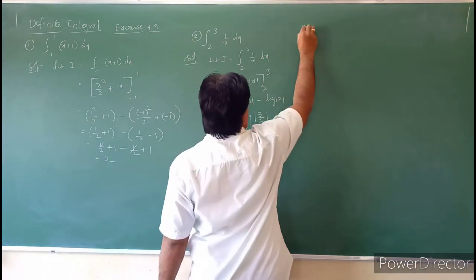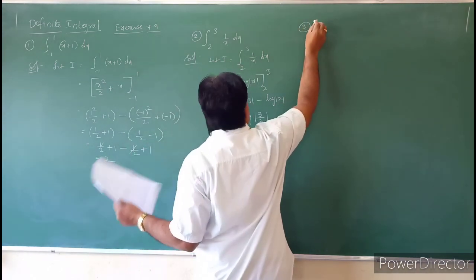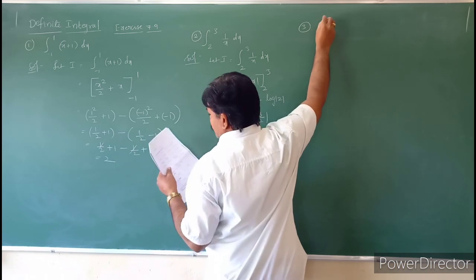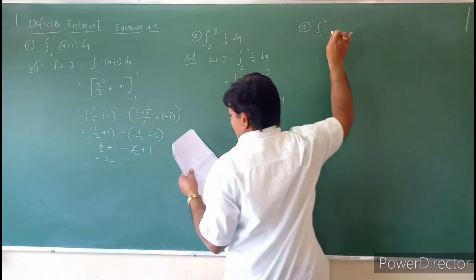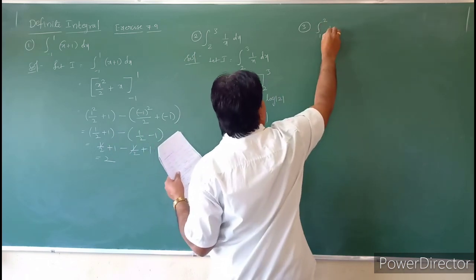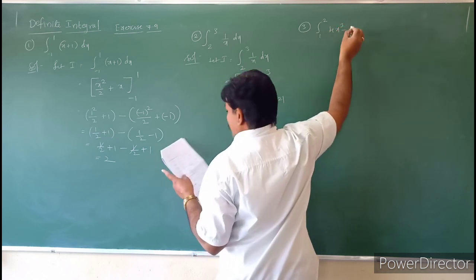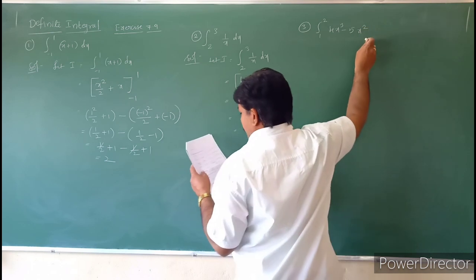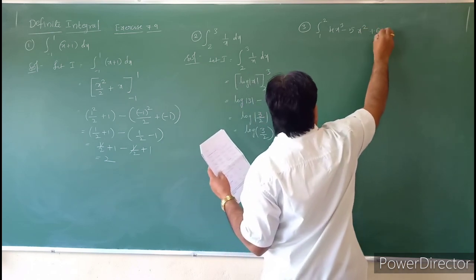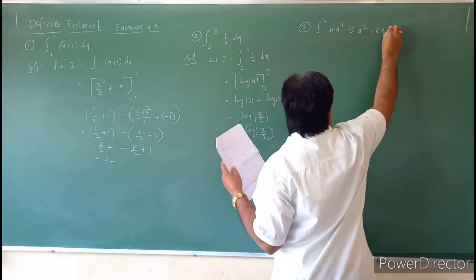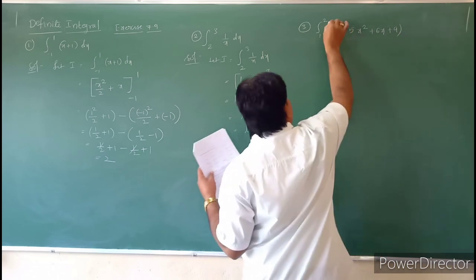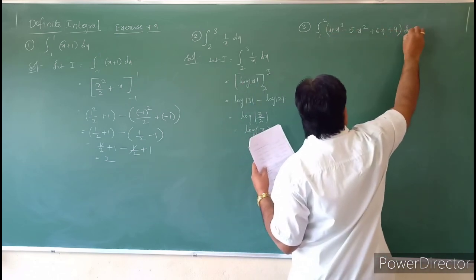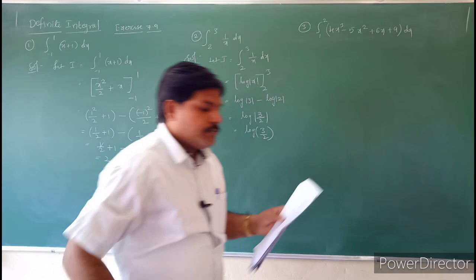See the question number 3. Integral 1 to 2 of 4x cube minus 5x square plus 6x plus 9 into dx.